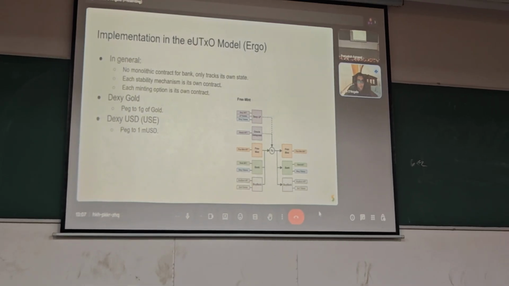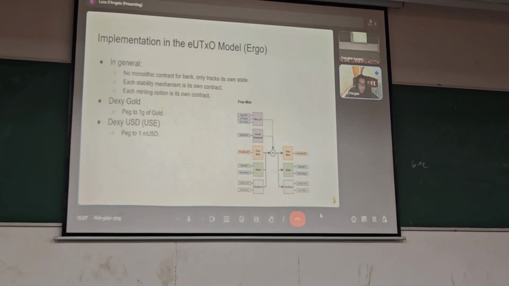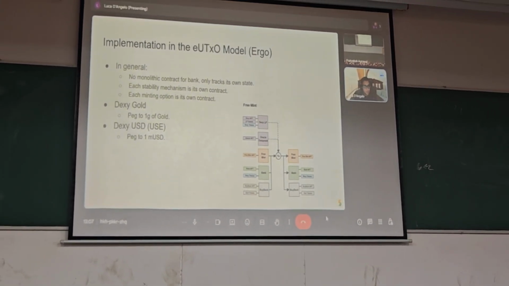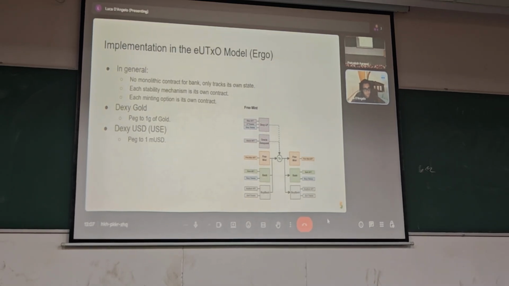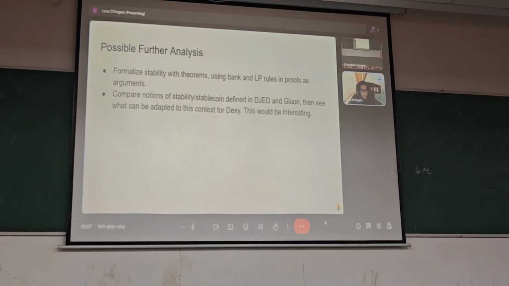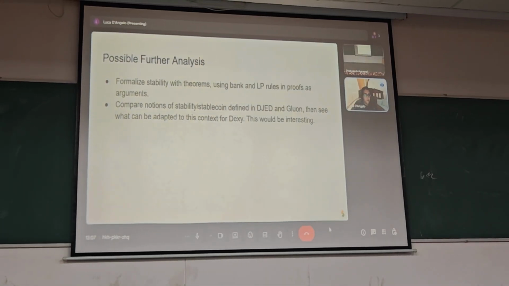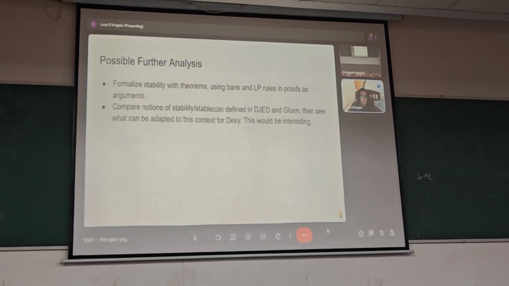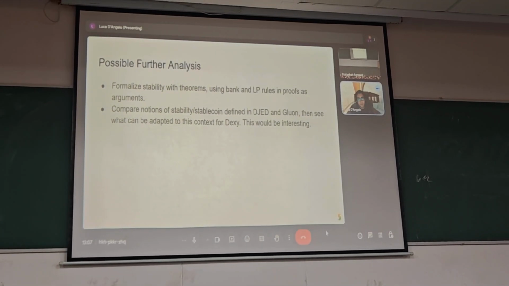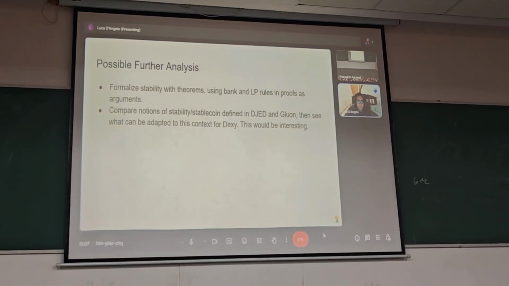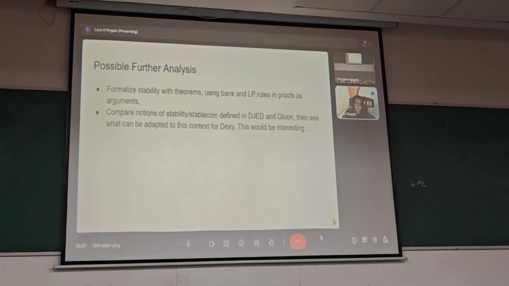And there have been two implementations, one pegged to gold and one pegged to USD. Some further analysis would be cool: to try to formalize the stability theorems, and one way maybe would be using the bank and LP rules and the proofs as arguments.